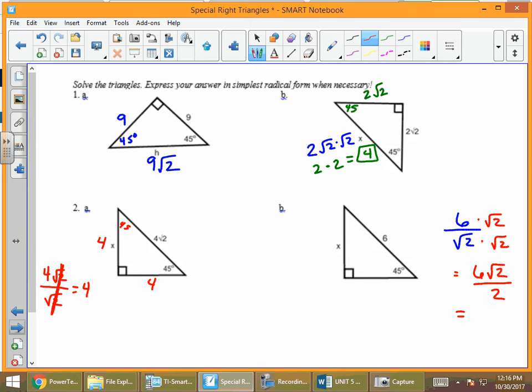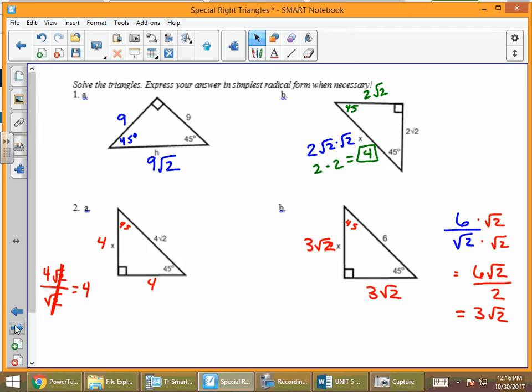So this becomes 3 radical 2, which means this is 3 radical 2, and this is 3 radical 2, and this angle has to be 45. So when you're given the hypotenuse, if you're dividing by radical 2, and it doesn't cancel out, you have this thing we call rationalizing.